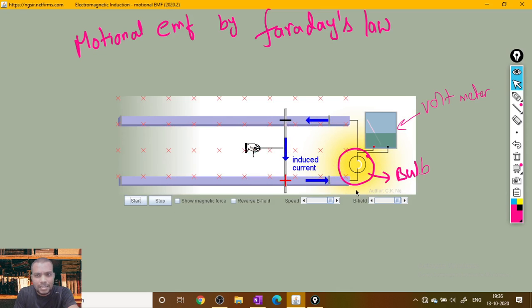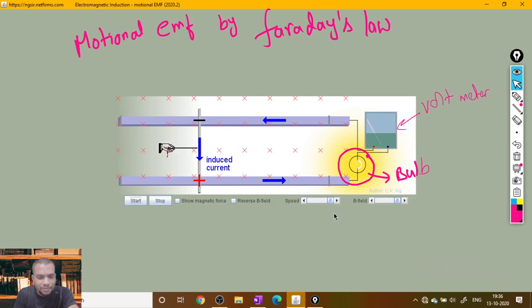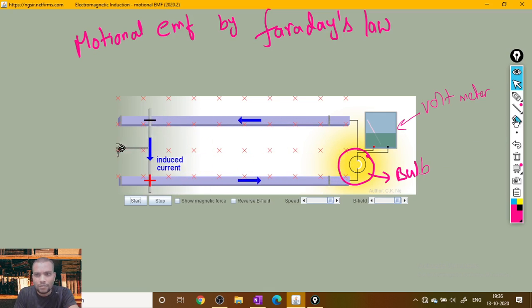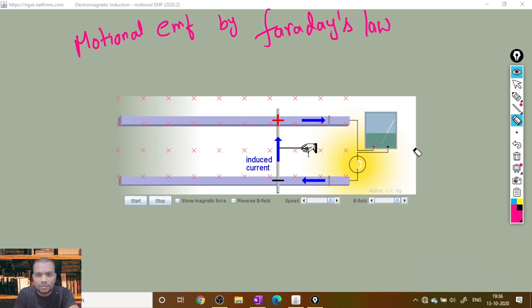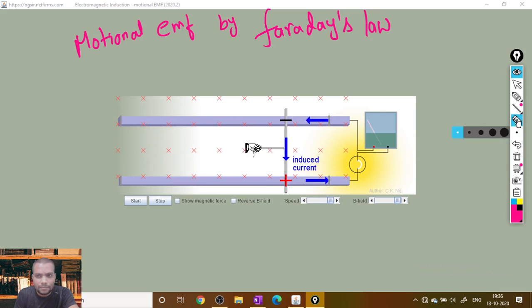The induced current sets up an induced EMF. The direction of the induced EMF changes depending upon the direction of motion. Because of that, we can see the bulb and the voltmeter are working.